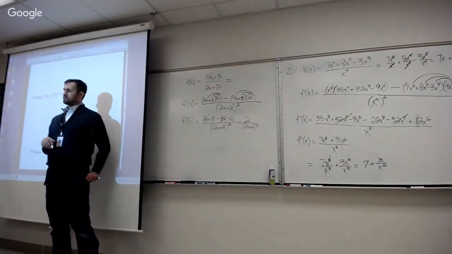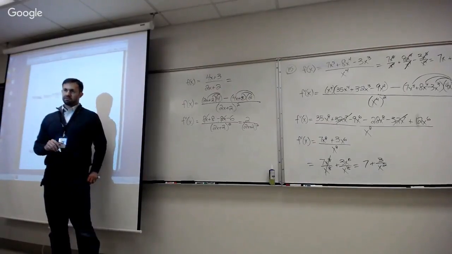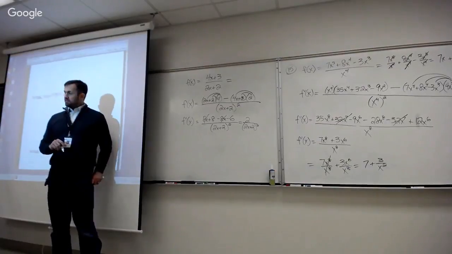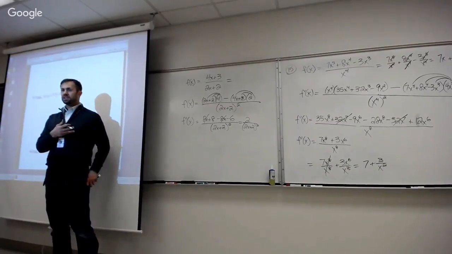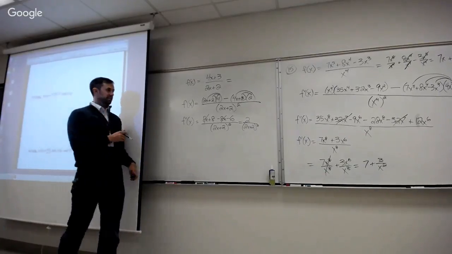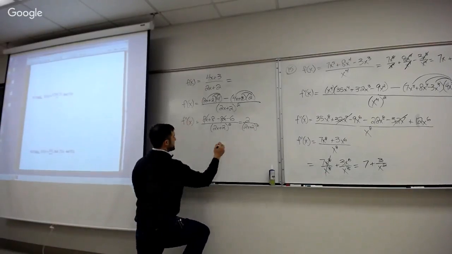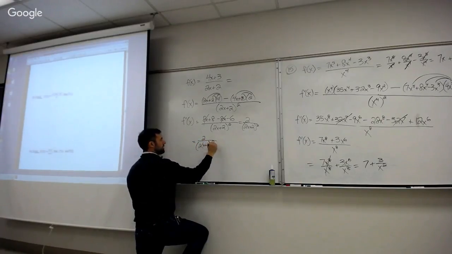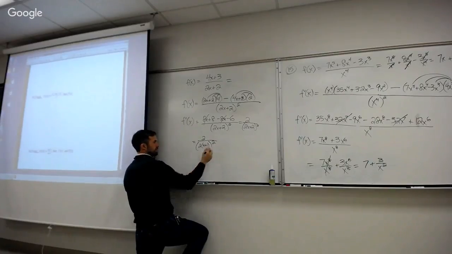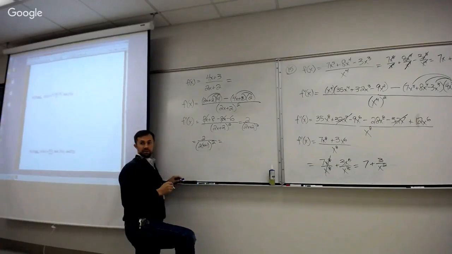What are we really tempted to do right now? You're kind of tempted to cancel the 2's, right? Can we cancel the 2's right now? Technically, no, because this denominator is being squared. Well, what could we do? Well, that's a 2 over 2 times x plus 1 squared, right? So then what do we do?